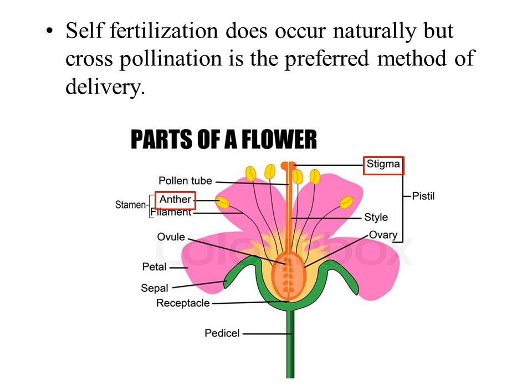Self-fertilization is what plants can do. They can also cross-pollinate. Self-pollination does occur naturally, but it's much more rare than cross-pollination. Self-fertilization is when that purple plant fertilizes itself, or the white flowered plant fertilizes itself.